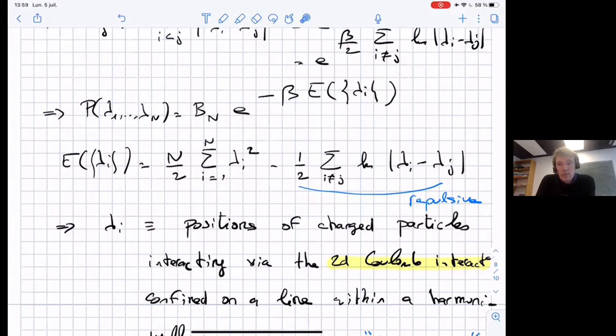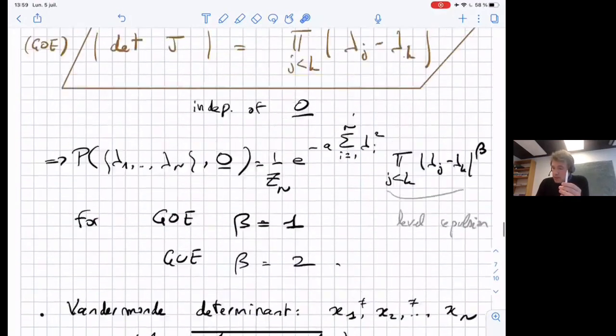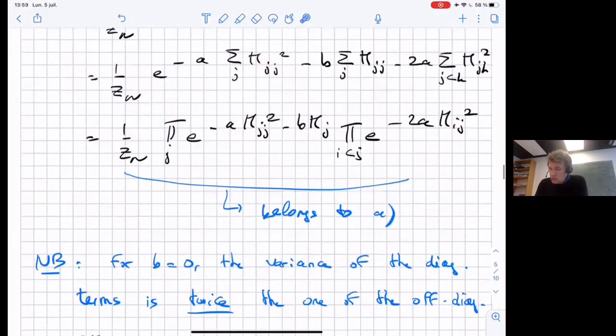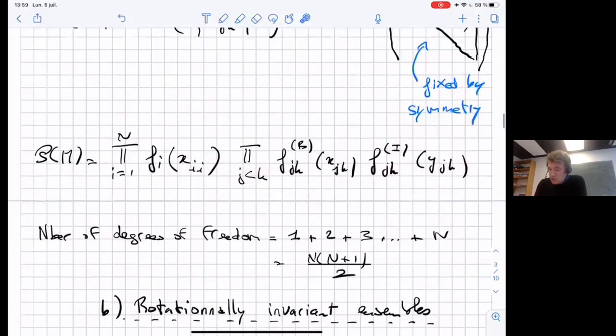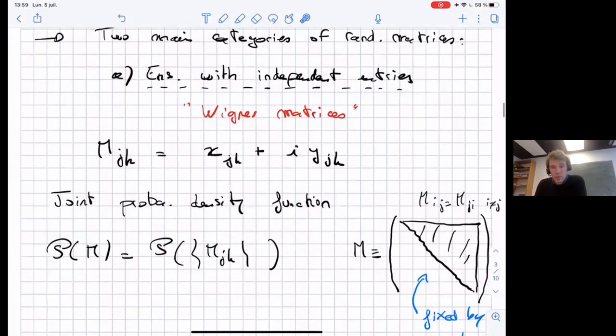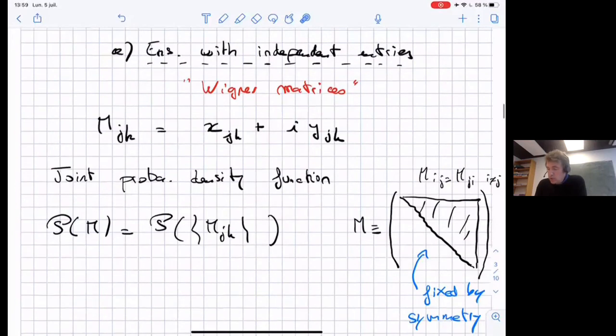Then, Ramgopal asks: GOE are rotationally invariant and their member matrices are real symmetric. Can you elaborate it more clearly? GOE are rotationally invariant, yes. That's what I tried to show with these computations. Basically, I showed you that there are two kinds of ensembles. First, the Wigner ensembles. In Wigner, you really think in terms of the elements of your matrices.